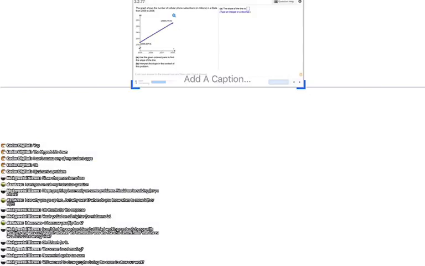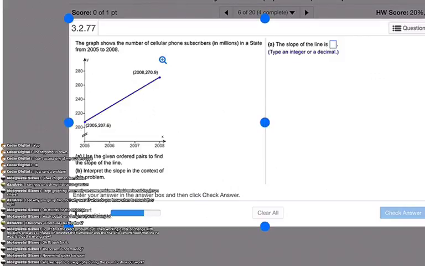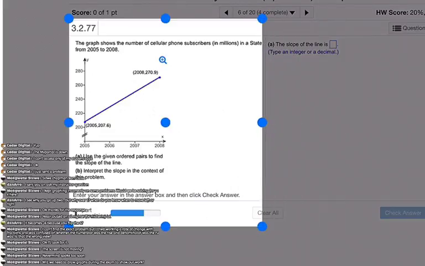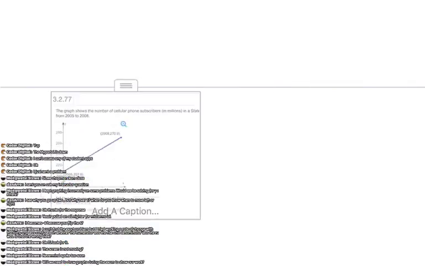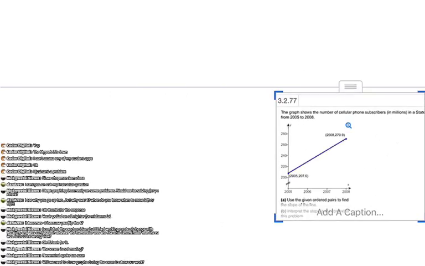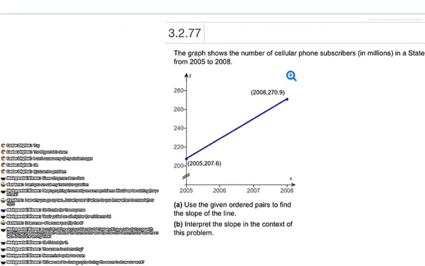All right. So now let's look at this. This is 3, 2. We don't need that. We definitely need this. Come down. This one. All right.